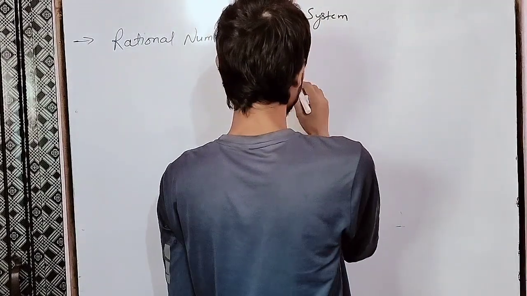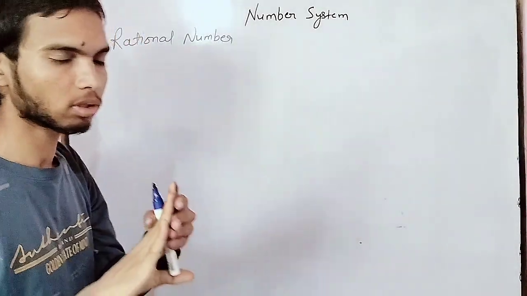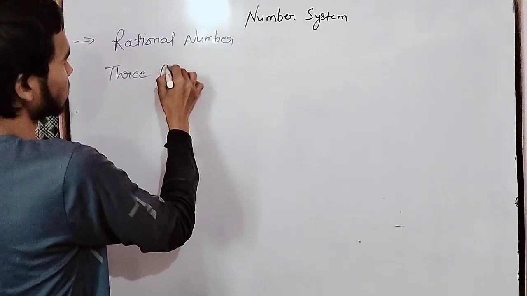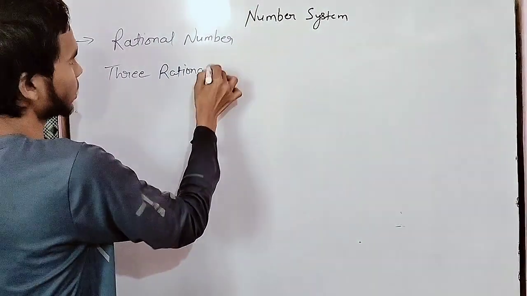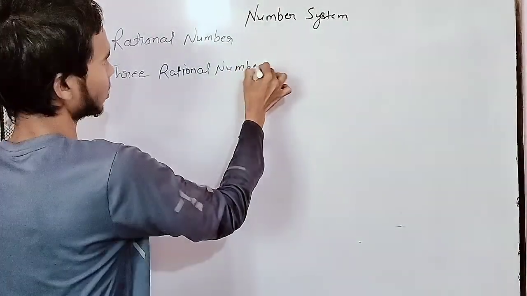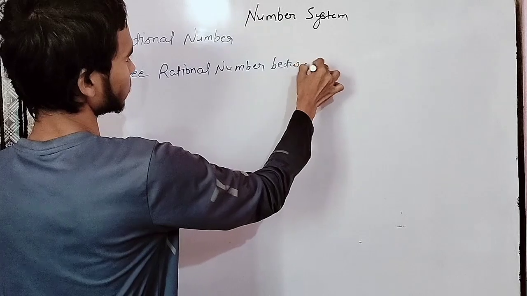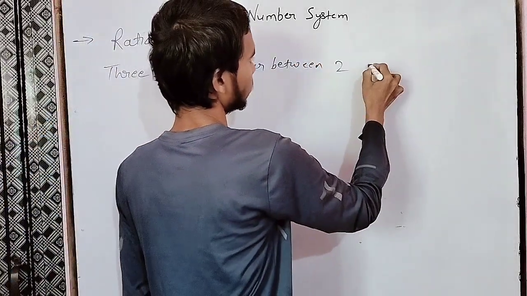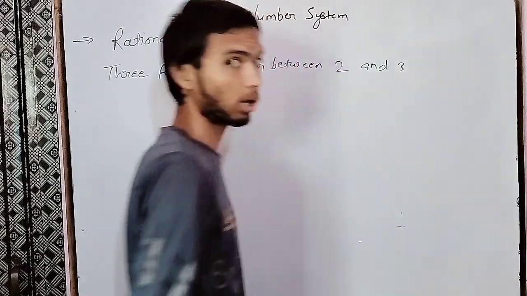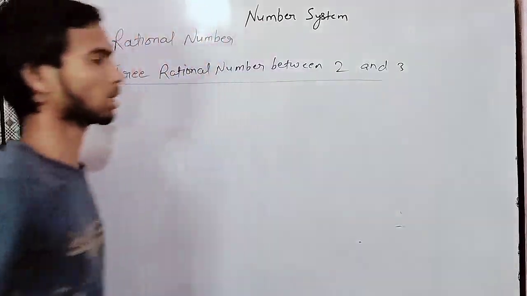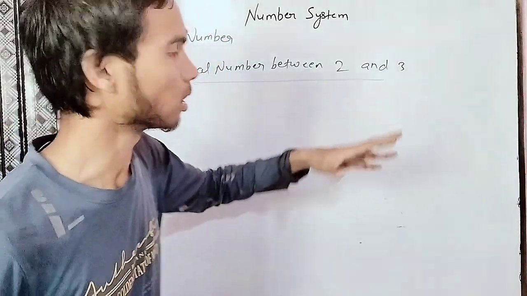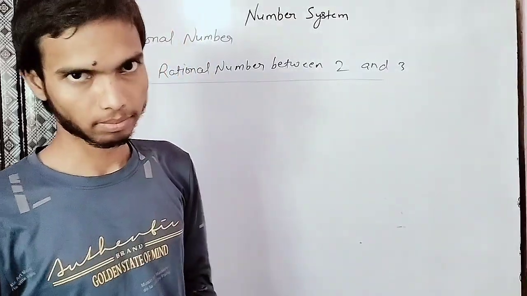Whatever I ask you, tell me three rational numbers between 2 and 3. This is the question: tell three rational numbers between 2 and 3.